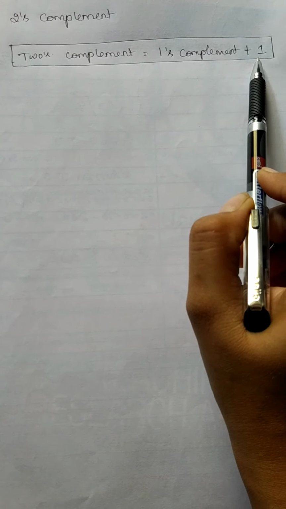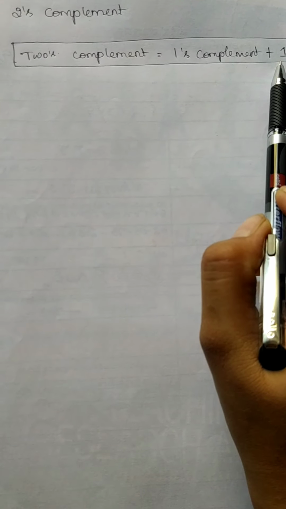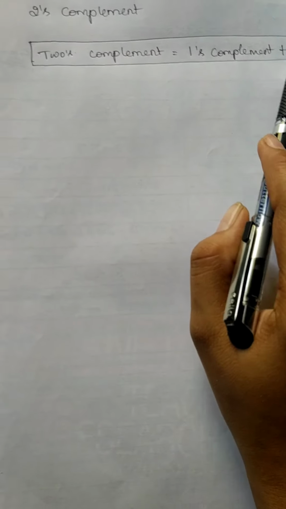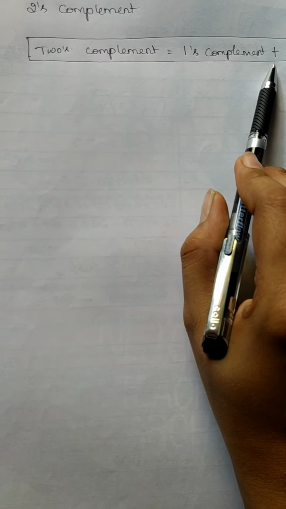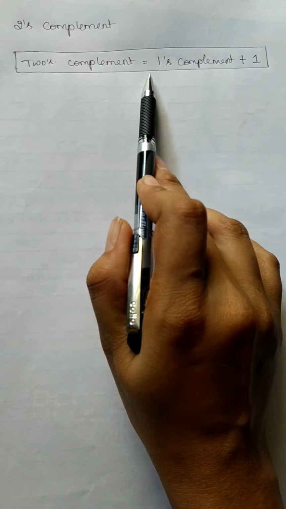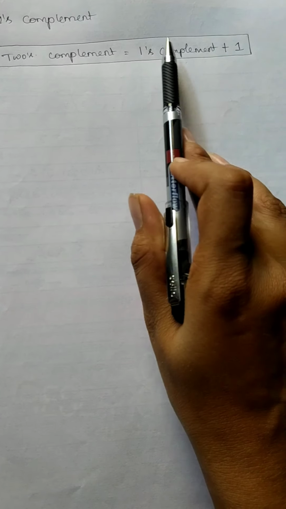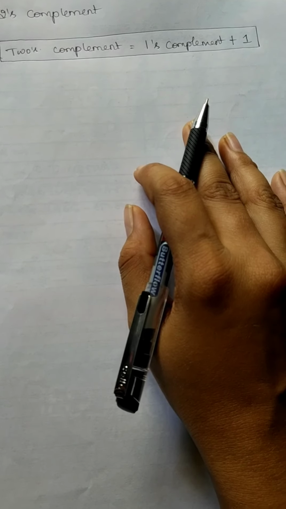First we take the ones complement of the given number, and then we add 1 to the least significant bit position. Then that generates the twos complement. So twos complement is nothing but ones complement plus 1. This 1 must be added to the ones complement value.